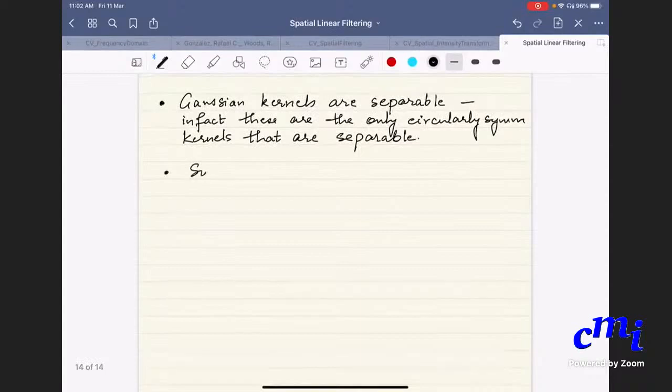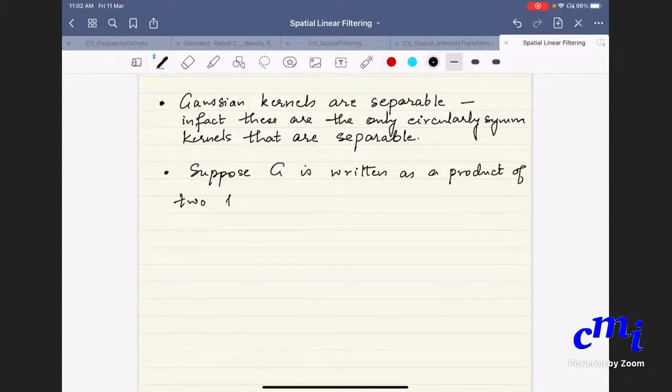So suppose G is written as a product of two one-dimensional kernels, say small f and small g.